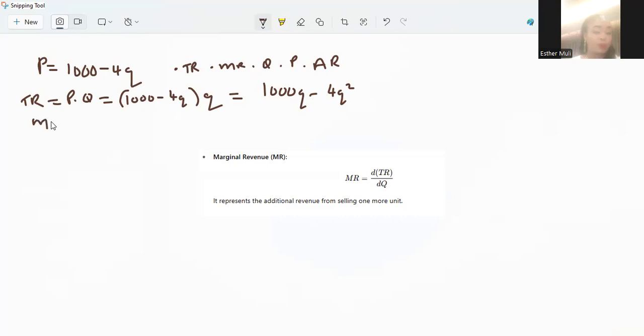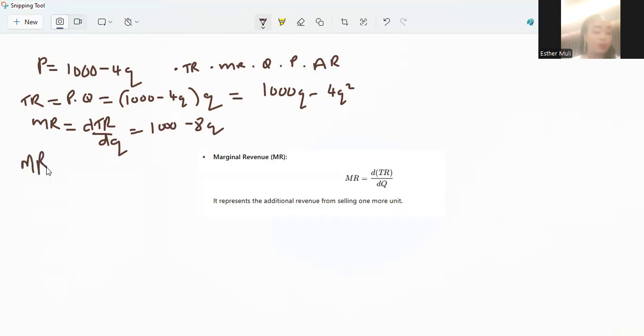Our marginal revenue is when you differentiate the total revenue with respect to what? Quantity. So dTR over dQ is called our marginal revenue. So 1000Q becomes 1000. 4Q squared becomes 8Q. And how do we maximize?